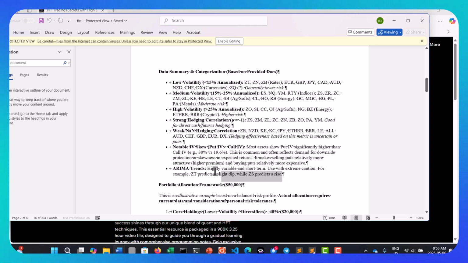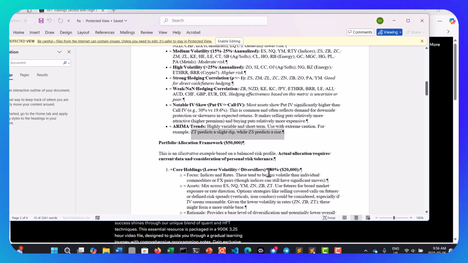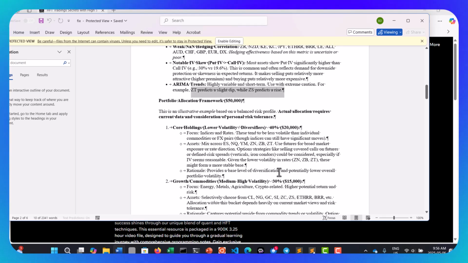And again, we're using that ARIMA for forecasting and finding those trends, highly, highly variable and short term. So probably what I've shown, the 7 day may work best, or sorry, the 5 day for a week out. And here's one: ZP predicts a slight dip while ZX predicts a rise. That's one example. So you can see how sophisticated this is right now, as is.